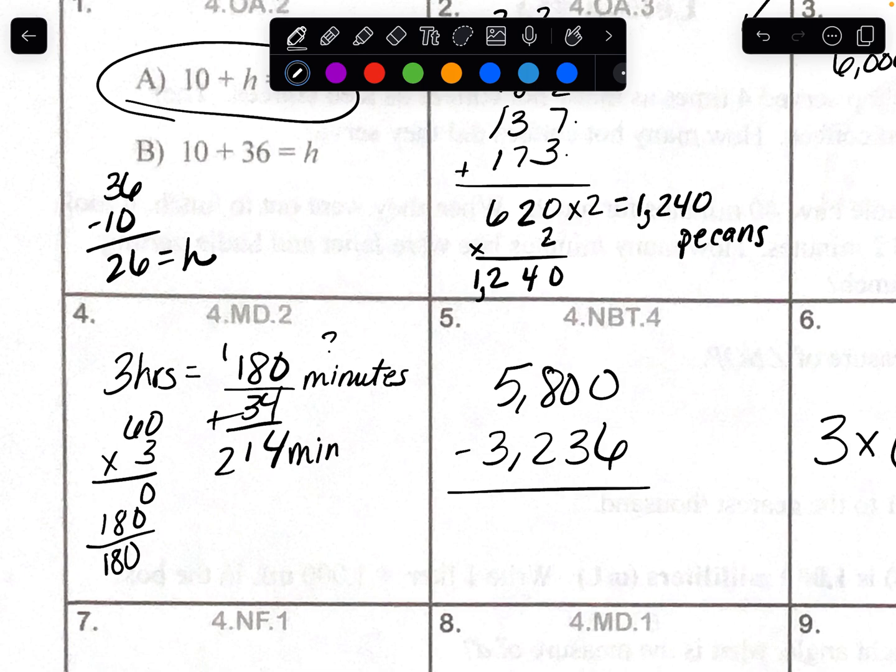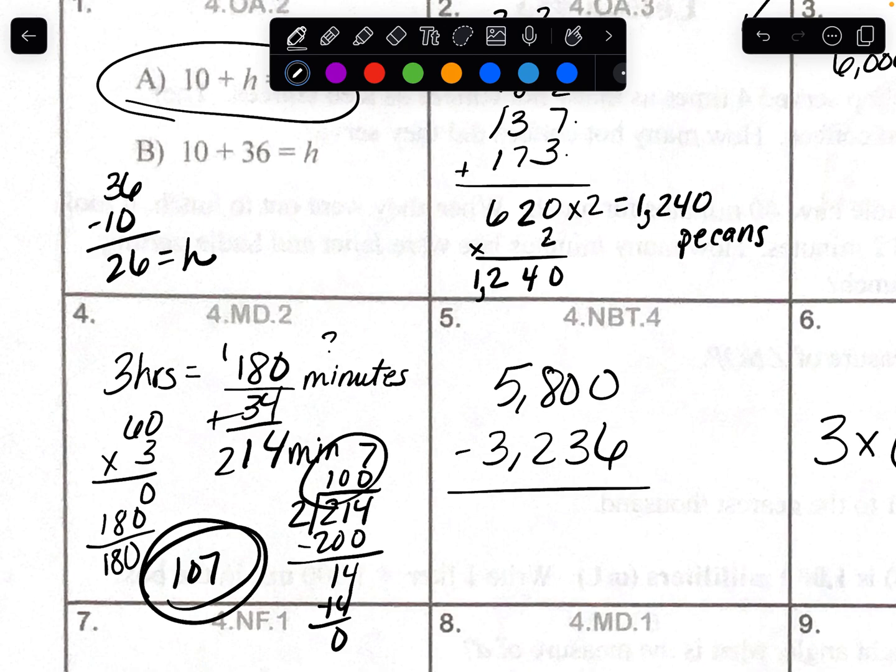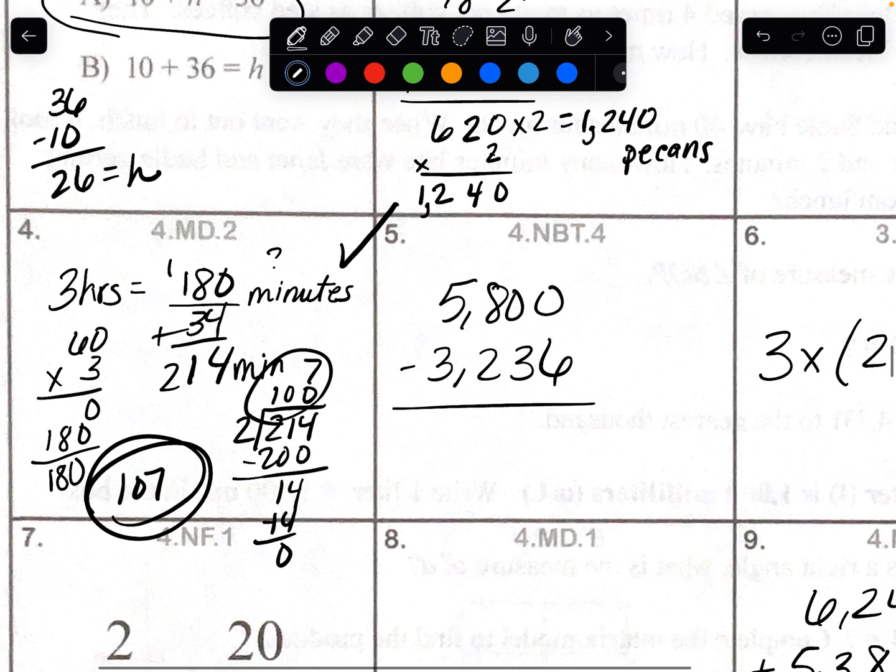Now, the last ones he did in half the time. So you have to take half of 214. And that just means dividing by 2. So 2 can go into 200 100 times. My new number is 14. That goes in 7. And half the time would be 107 minutes for the other 9 holes.